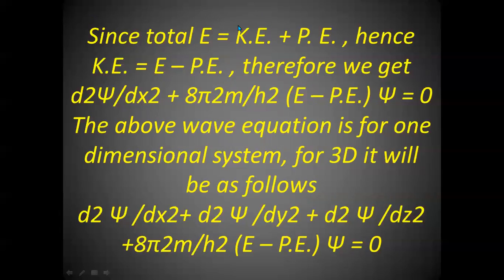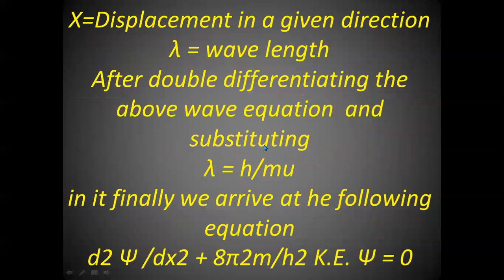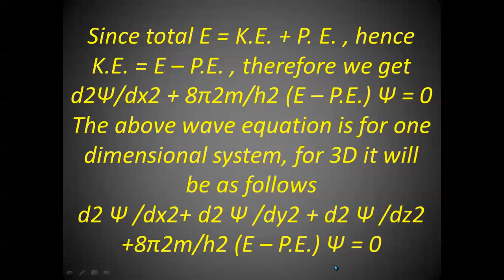The electron is in circular motion around the nucleus, so it will have certain kinetic energy, and it will have certain potential energy also. Therefore, total energy is the sum of the kinetic energy of the electron plus the potential energy of the electron. Now here in this equation we have kinetic energy. Then how to write it in terms of potential energy? It is total energy minus potential energy.